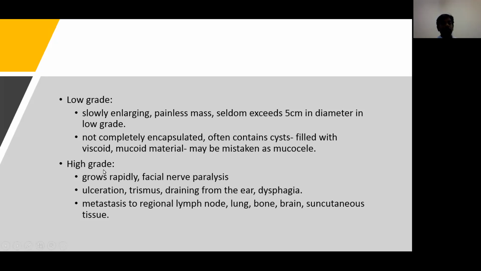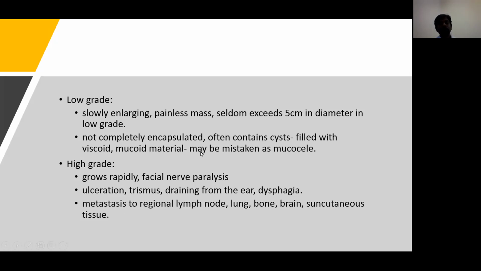Coming to the high-grade tumor, it grows rapidly and can involve the nerves, especially the facial nerve, causing facial nerve paralysis. It can also have ulceration, trismus, and dysphagia, and can even metastasize to regional lymph nodes, lung, bone, brain, and subcutaneous tissue. That is the difference between low grade and high grade.